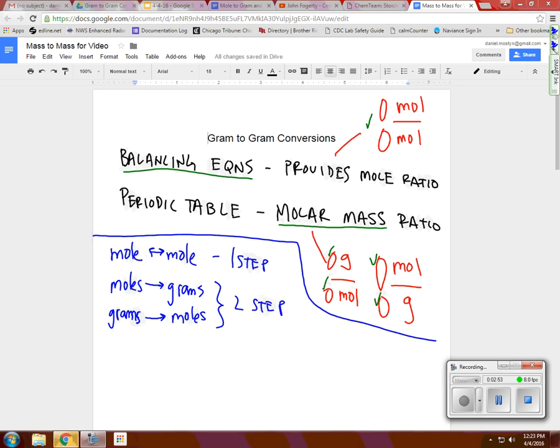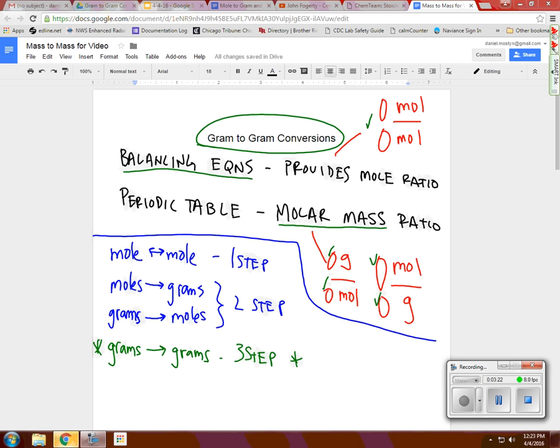The last type of problem that we'll work on is gram to gram conversion. So if we start with grams of a product or reactant and we want to figure out how many grams of something else in the reaction we would have, these are actually three-steppers. Although they might sound a little intimidating because they have more steps, they're actually the same type of rules.